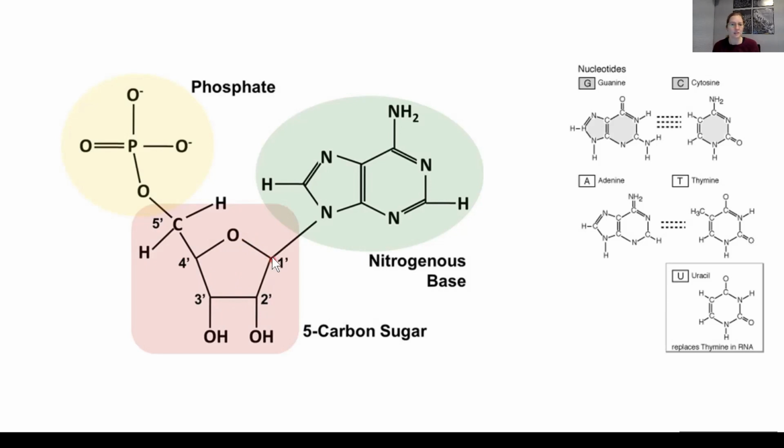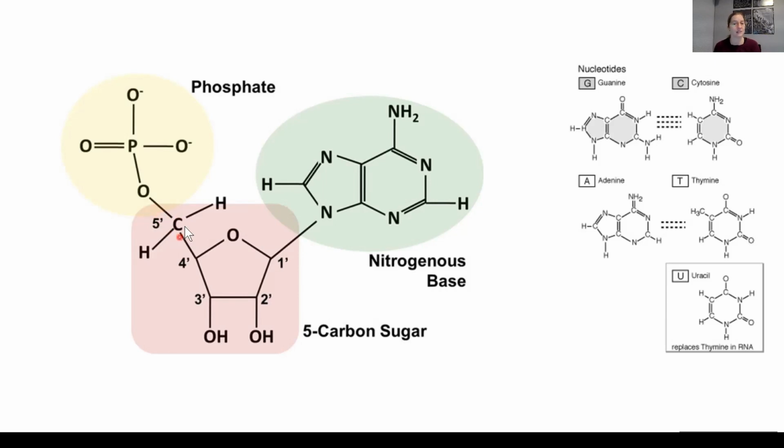And notice that they're not showing you the C. Just assume that when you have a junction like this, there's a carbon there. So you could assume there's a carbon here as well and a carbon here as well. So this is our first carbon, even though it's not being shown. This is our second carbon, our third carbon, our fourth carbon, and then outside of our pentose shape, your 5th carbon is right here, and that one is being shown. So that's our 5th carbon.